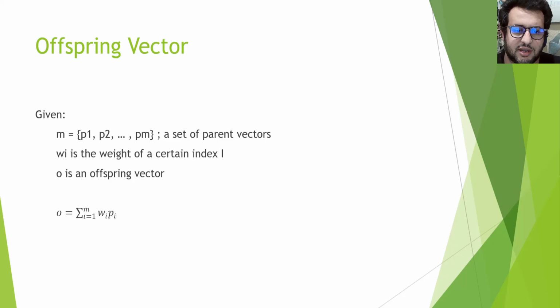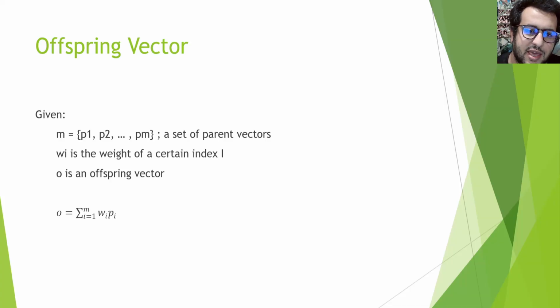Now, given a couple of things, let's say M is a set of parent vectors, P1, P2, all the way to PM. Let's also say that W is the weight of each one, and I is the index. And we will say that O is the offspring operator.